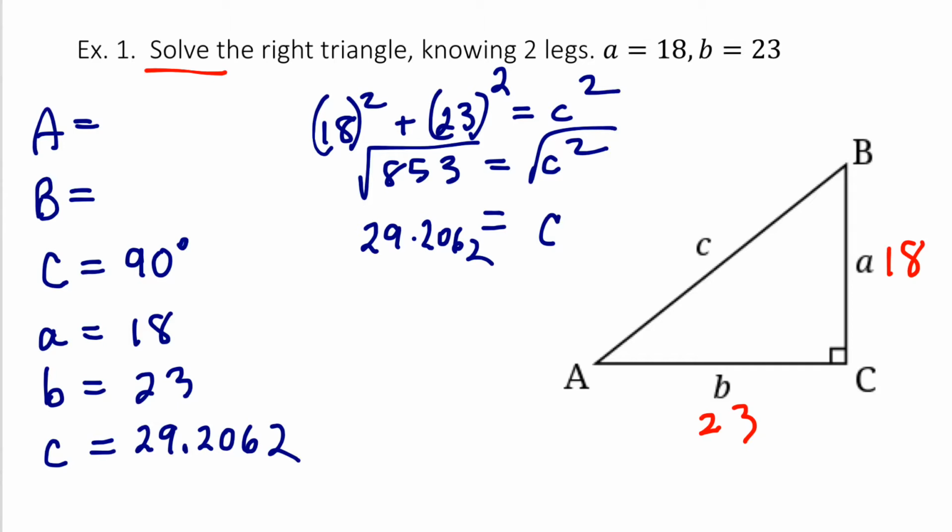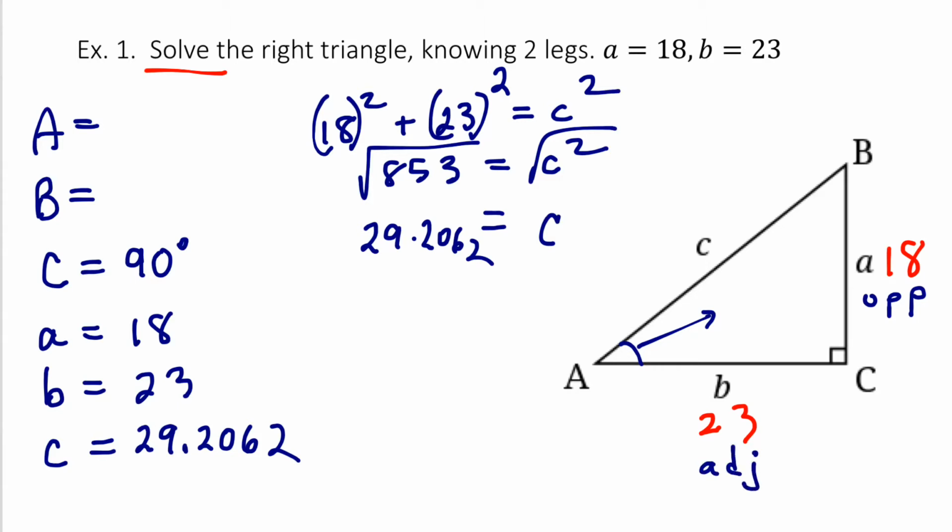Now, normally, on the other problems we've done, we could subtract one of the acute angles from 90 to find the other one, but we don't know any of the acute angles on this. So here's where your inverse trig functions are going to come in. So if I want to find the angle A, from that perspective, 18 is my opposite side, and 23 is my adjacent side.